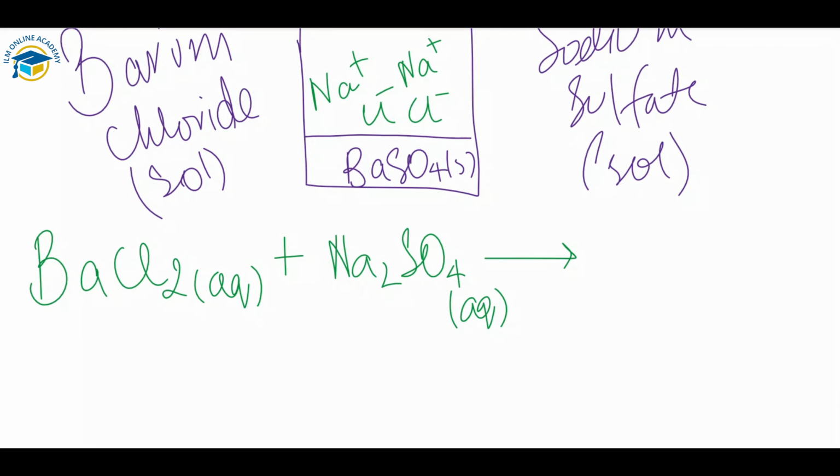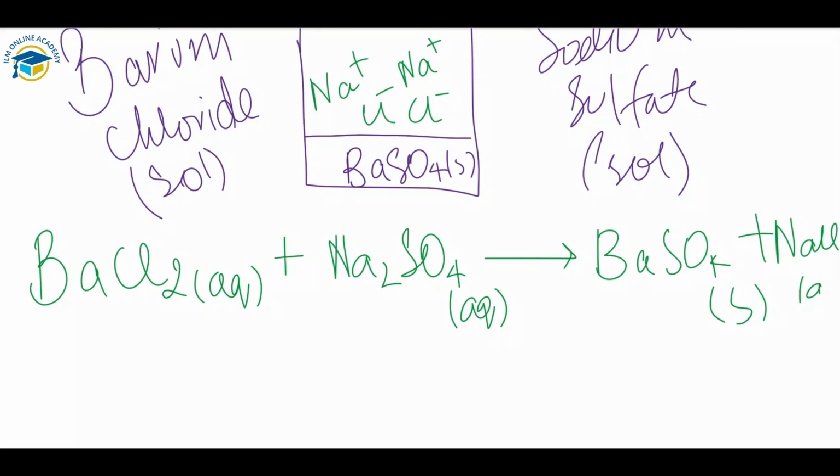When they react together, they form barium sulfate, which is the solid one as this is insoluble, plus we have sodium chloride, NaCl, produced here in the aqueous form. So this equation shows the importance of stating the symbols. You can see the symbol which shows the state. We can tell whether this reaction equation shows a precipitation. So you can see here, this salt is the precipitate.